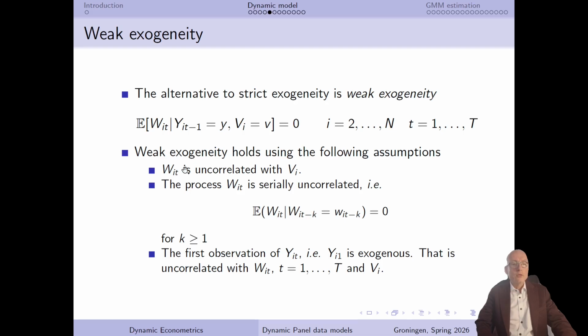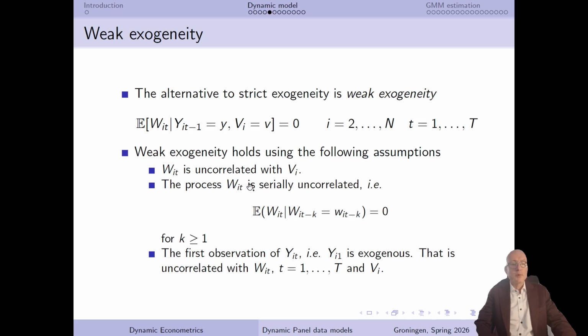We can show that weak exogeneity holds using the following assumptions. First of all, w_it is going to be uncorrelated to v_i. That makes sense, of course. Otherwise, this would never hold. But in addition to that, we are also going to assume that the process w_it is serially uncorrelated. That means that the mean of w_it conditional on w_it minus k for k larger or equal to 1 must be equal to 0, in the sense that w_it is not going to be correlated to w_its in previous periods.